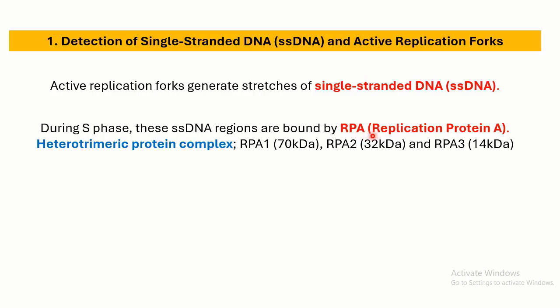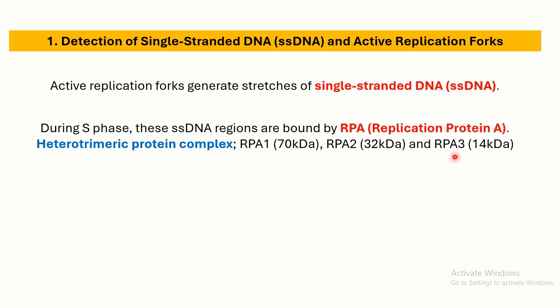When we talk about this replication protein A, or RPA, this is actually a heterotrimeric protein complex made up of three proteins: RPA1, the bigger subunit, which is 70 kilodalton, RPA2, and RPA3. So during the S phase of the cell cycle, the single-stranded DNA is bound by this replication protein A until it is replicated by the DNA polymerase.